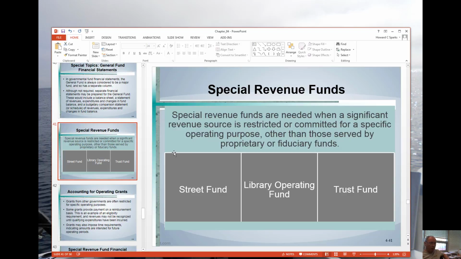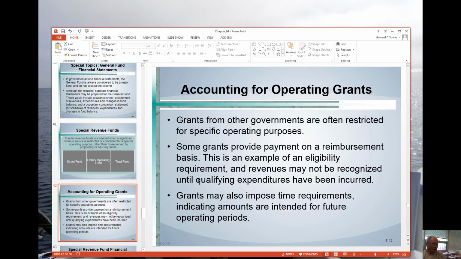There's also a time period that often limits when they can be spent. So you've got an activity that it will support, and it has to be during a certain time period, fiscal year. And the accounting changes a little bit for these things depending on restrictions. Typically here, what I tell students in class is revenue recognition for special revenues follows expenses. So you have to incur allowable expenses, and only then do you record revenues.